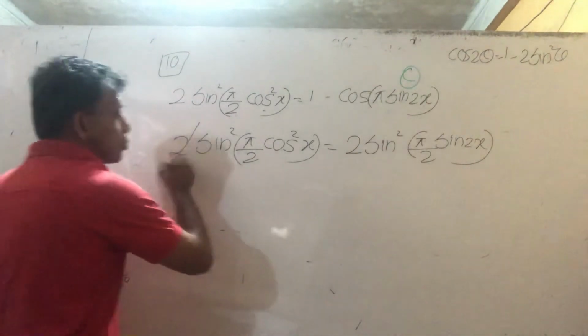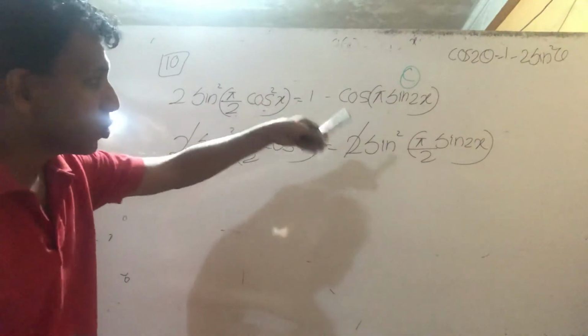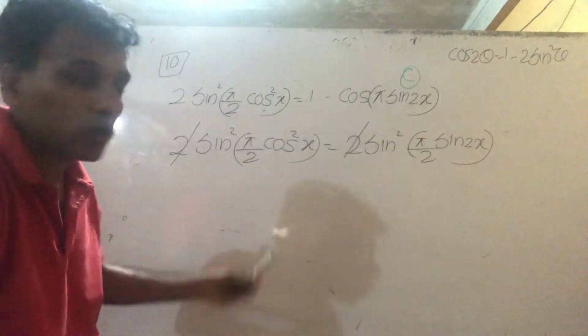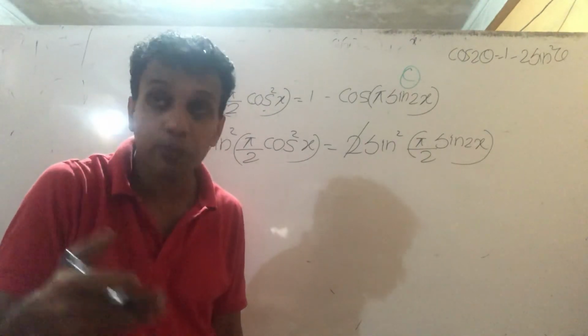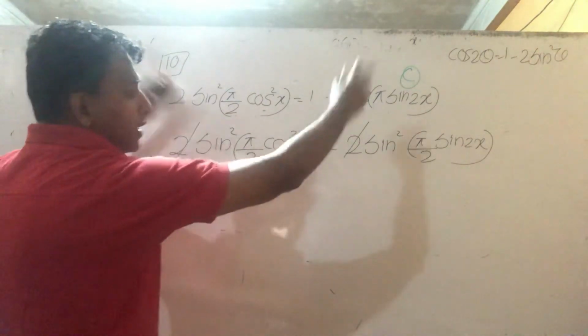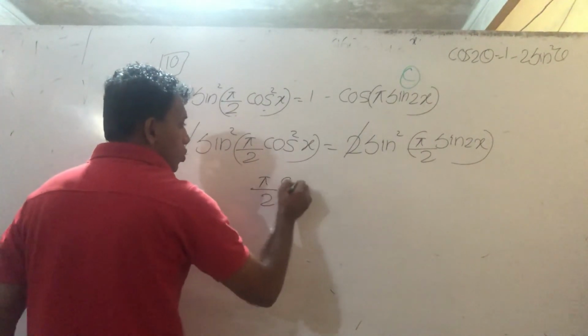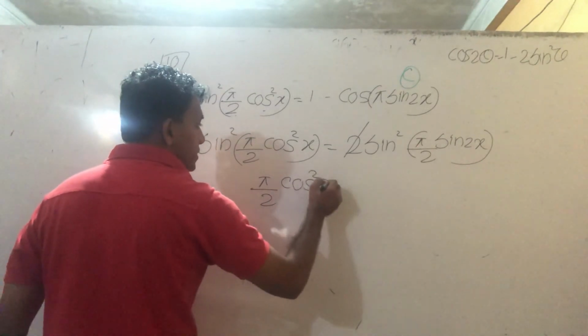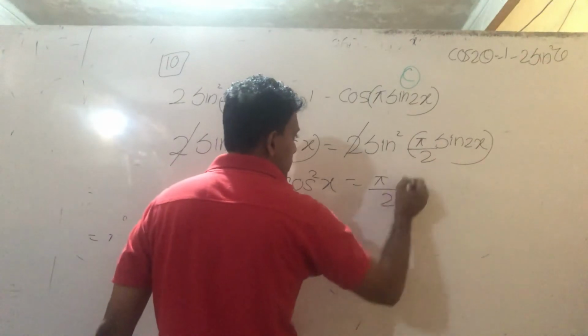Therefore simple, 2 cancel. So sin² equals sin, so you can take the square on both sides and the sine also cancels. That's why they say x is not an odd multiple of π/2. So you can take the sine out. So π/2 cos²x equals, π/2 also cancels, sin 2x.